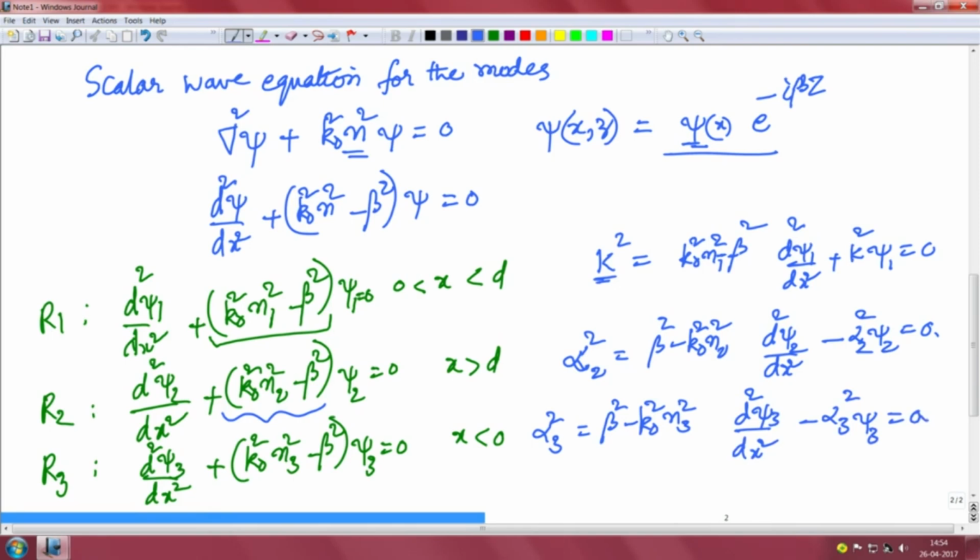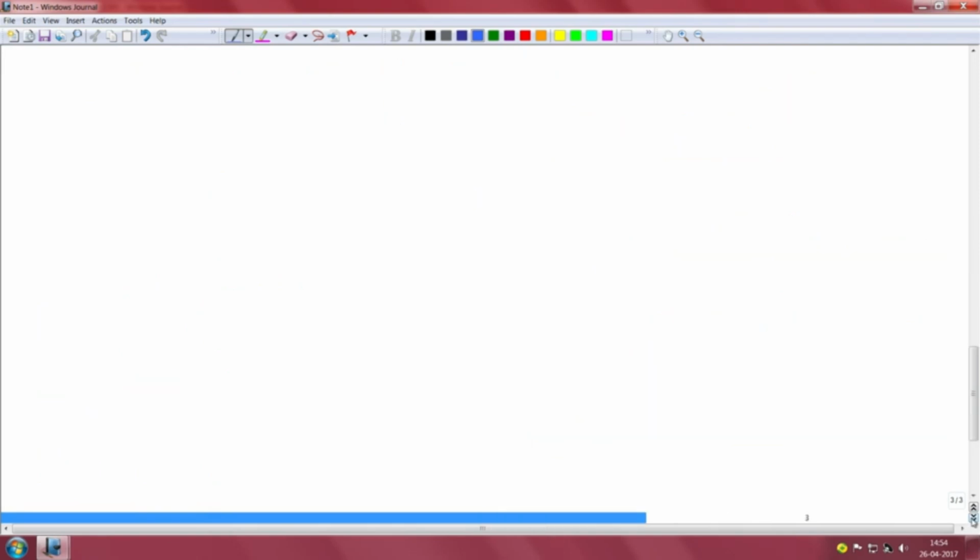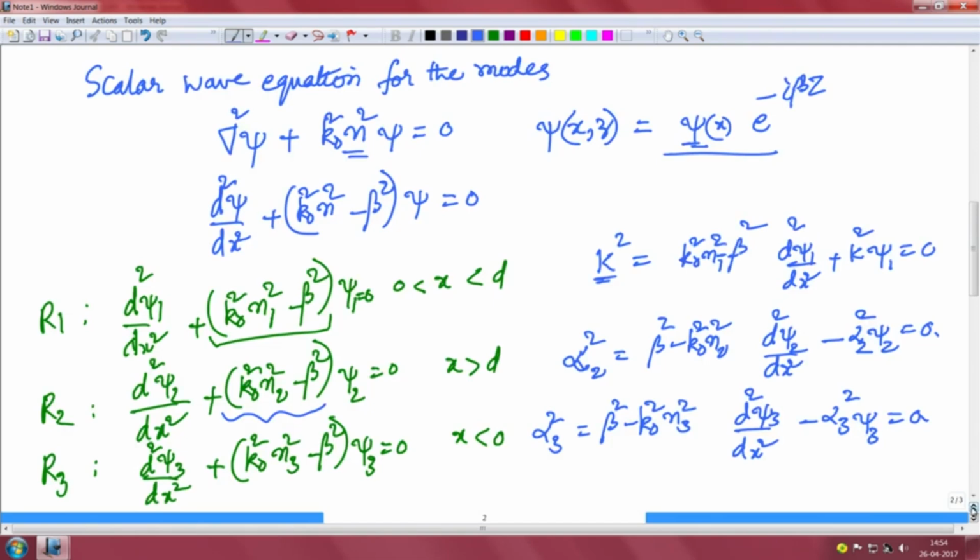Let us now choose the solutions based on the arguments that we have just now discussed, that the guided mode fields need to be oscillating in the guiding region and decaying in the substrate and cover regions. So, this will be possible if we choose beta to be lying between certain values of k0 n.